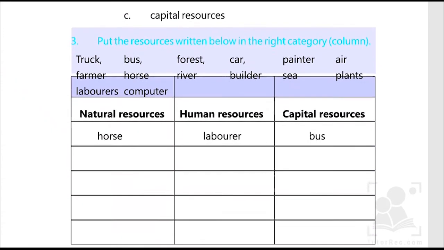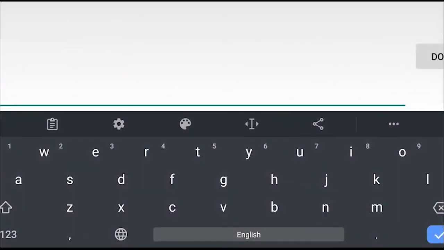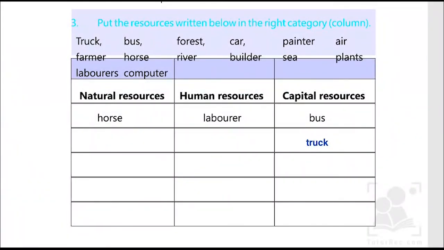Here we have another activity that says put the resources written below in the right category or column. We have again the 3 main categories of resources: natural, human, and capital. So we have to put these resources accordingly. Truck, it is a capital resource, so we're going to write it over here. Next is bus, again a capital resource, which has already been written, as you can see.